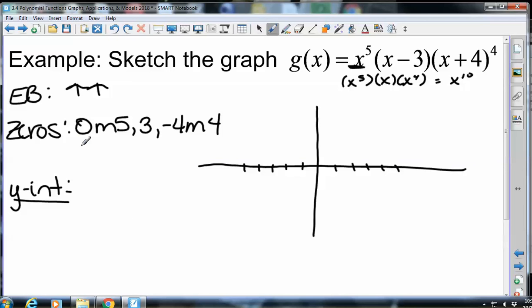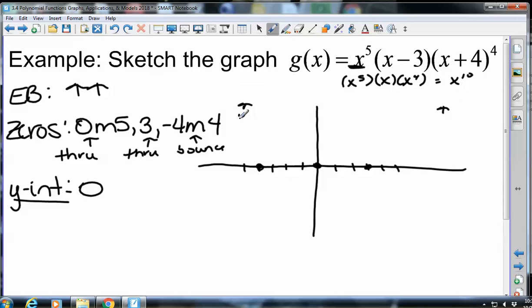So at the 0, multiplicity of 5 means we will go through. 3 had a multiplicity of 1, so that one will also go through. Multiplicity of 4 means you bounce. Y-intercept, if you plug in a 0 for your x, you get 0 out. So then if we plot all this, my graph should start up here and end up here.